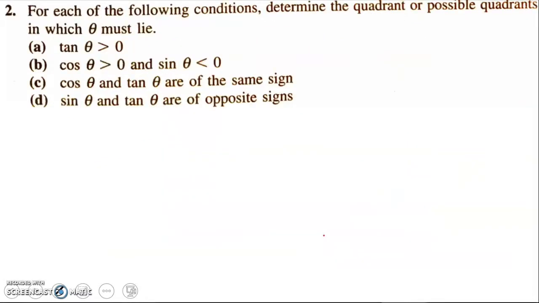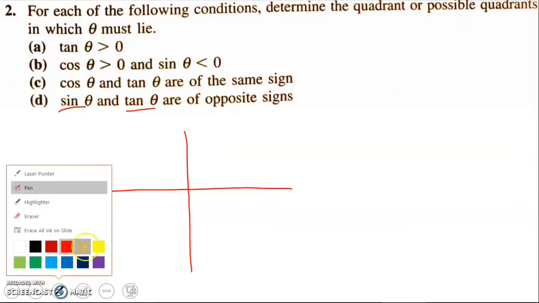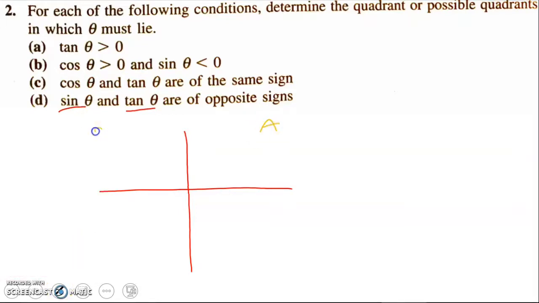Okay. Again, I'll do maybe one of these just to give you the idea. Let's just do 2D. It tells you sine and tan have opposite signs. So which quadrants would this apply to? Again, remind yourself, it's always a good idea to put this down. That way we can go one piece after the other.